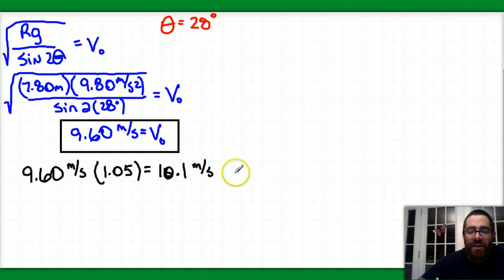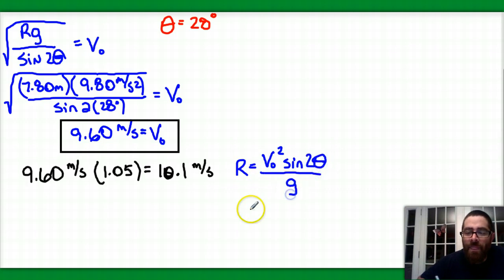Let's go ahead and recognize again that this is a level horizontal projectile, so I can use the range equation. Range is going to be equal to v naught squared sine 2 theta all over g. And so therefore I'll plug in my initial velocity, which is now not 9.6, it's 5% faster, so it's going to be 10.1 meters per second.